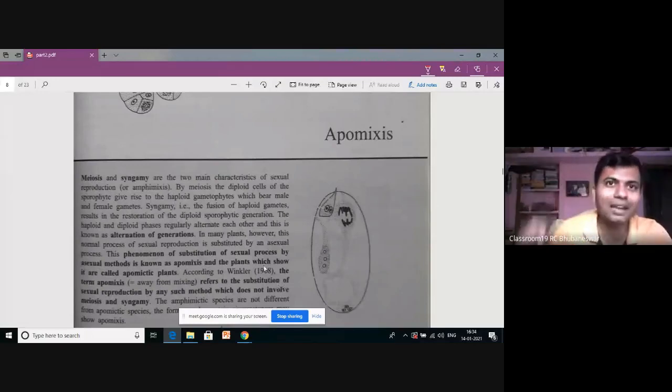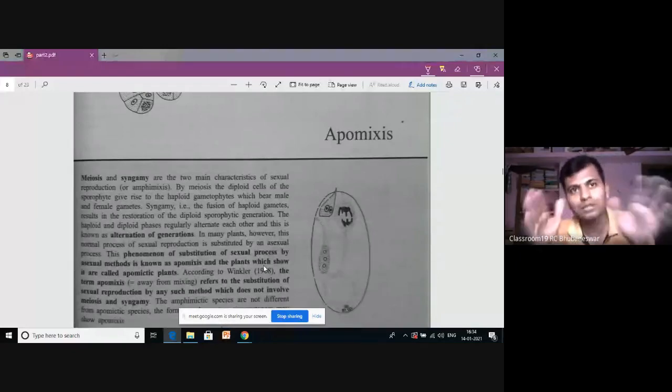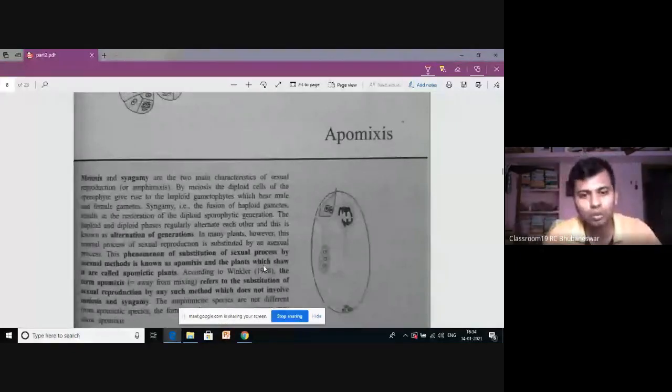Suppose the male gamete fails to reach the stigma. In this case, the egg says, I will develop into an embryo, because I know that the male gamete will not come. In the absence of the male gamete, I have the capacity to develop into an embryo.